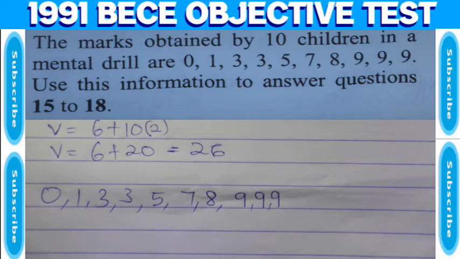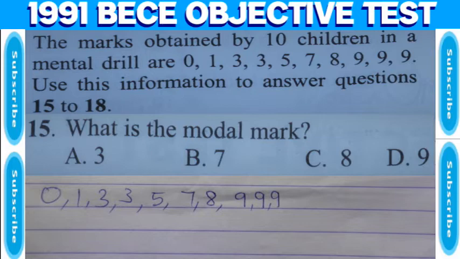So let's take a look at question 15. Question 15 says, what is the modal mark? When we talk about a modal mark, it is the mark that appears most often. From here, which of these marks appears the most often?